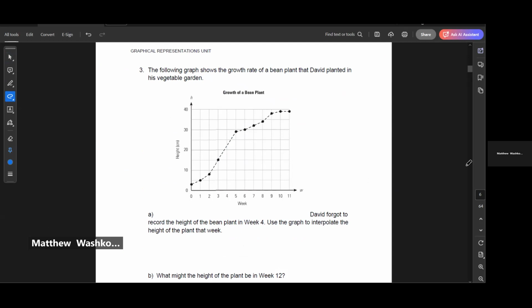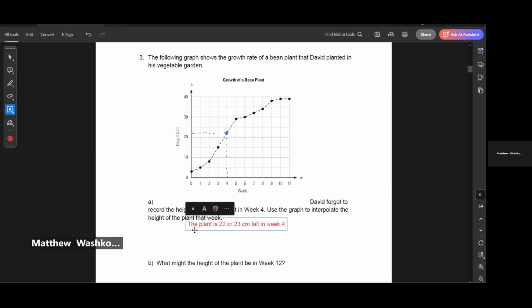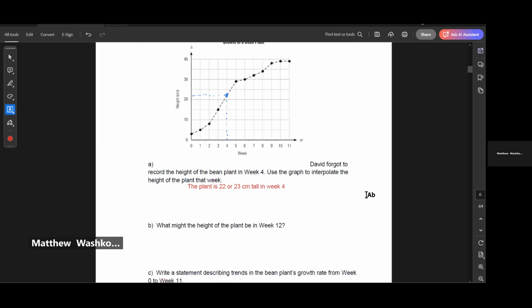Let's go to week 4 and let's follow it up, right? Oh, it looks like it's about 22 or 23 centimeters tall in week 4, right? Again, we don't know for sure. We're interpolating. We're doing an estimated guess, an educated guess, sorry.